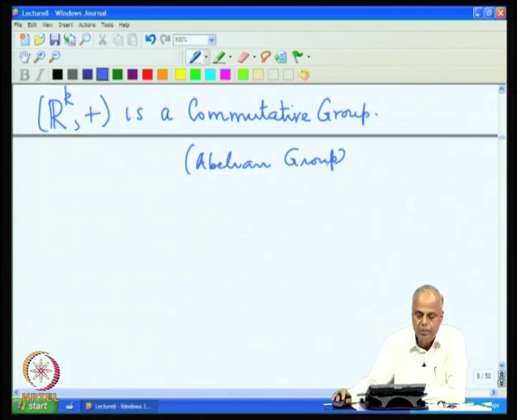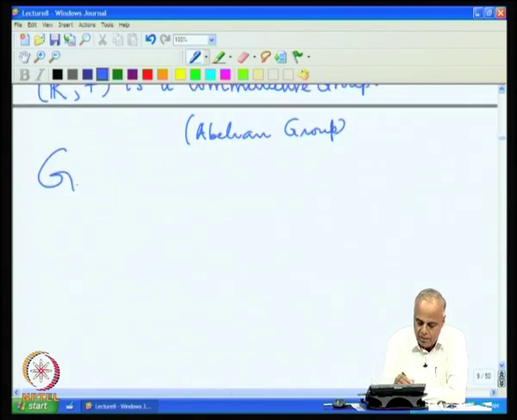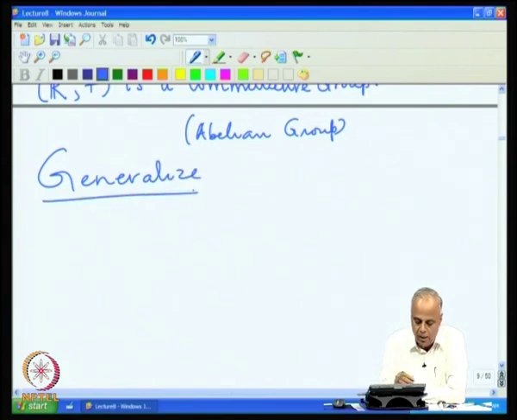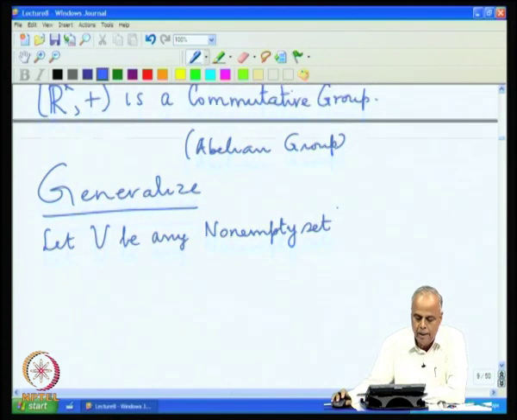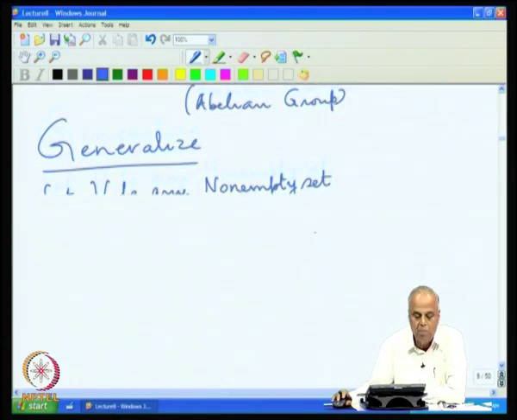Now, we can abstract this and generalize. In place of R k, we can take any set G. So, let V be any non-empty set. And in place of plus, we take some operation.